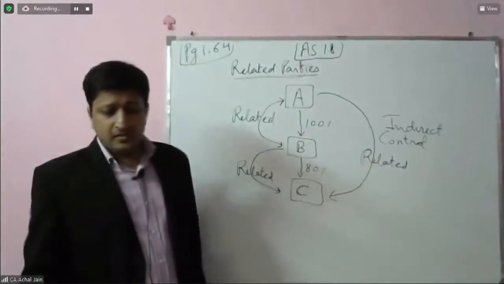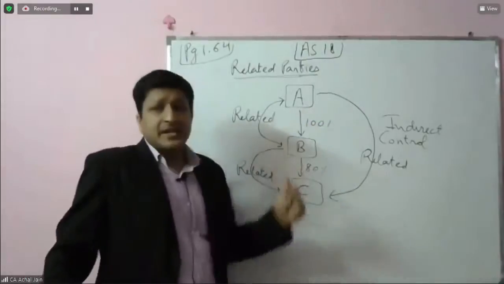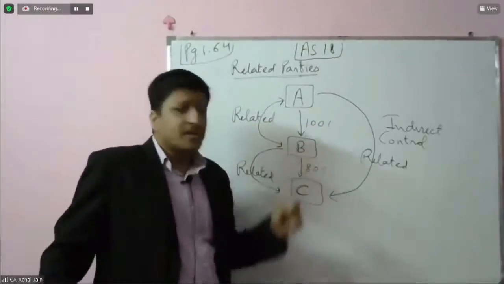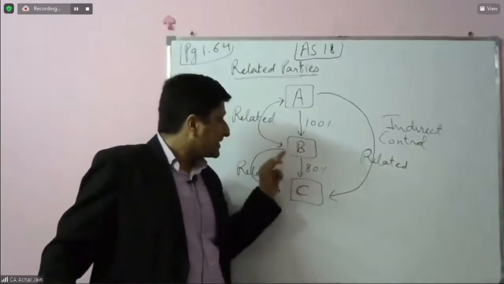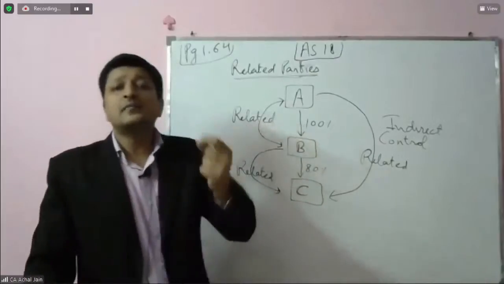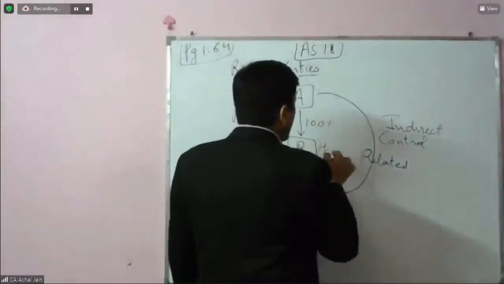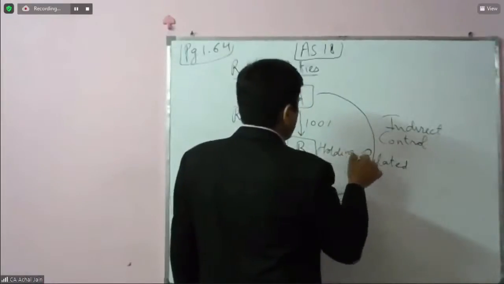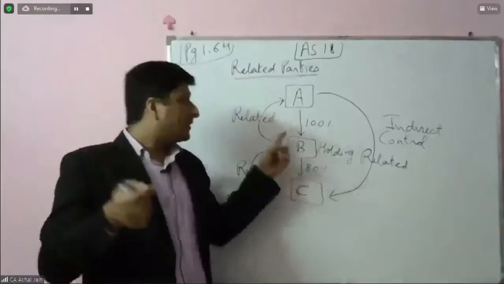Now, in this case, B will be a subsidiary of A and C will be a subsidiary of B. Or in other words, we can say B is holding of C and A is ultimate holding of C. For C, B is the holding and A is the ultimate holding company.